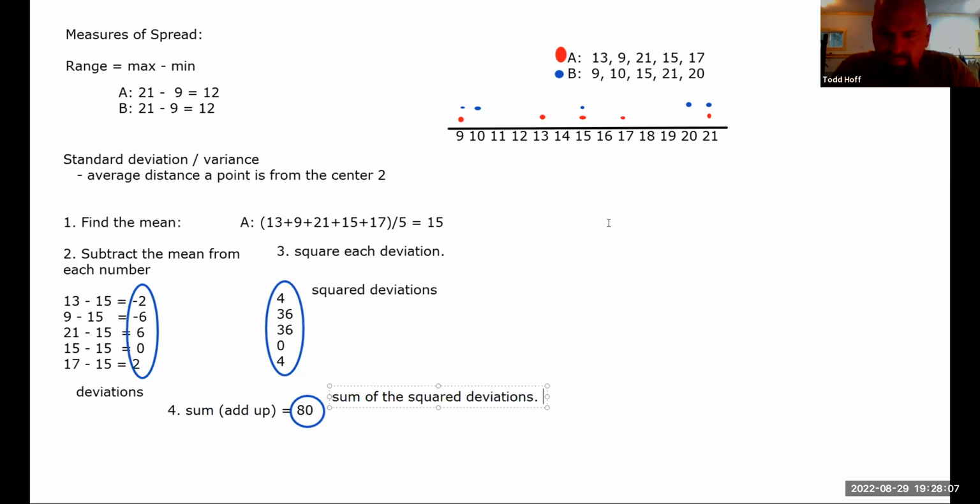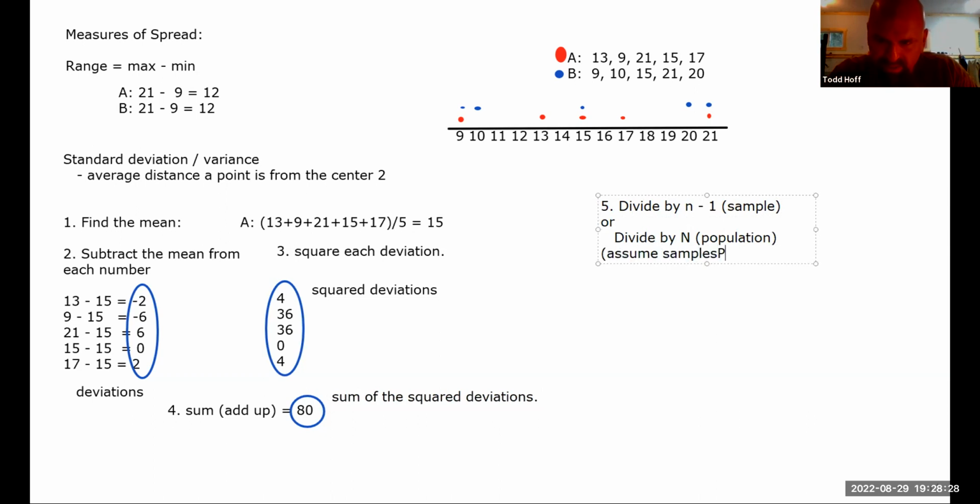Now, step 5 is the tricky part. Divide by n minus 1 if it is a sample, or divide by n if it's a population. Now, we're assuming these are samples for this example.